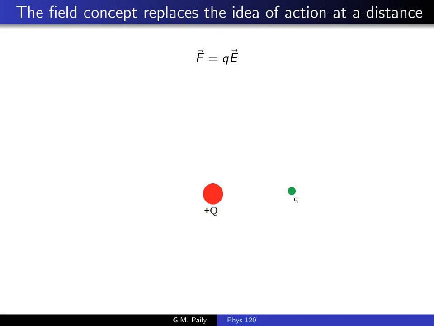What happens now if I suddenly move the green charge closer? Does the red charge suddenly feel a stronger force? Does the change in the force happen immediately? In the old classical thinking, that was exactly what happened. If you change the distance, the charges would feel the change immediately.